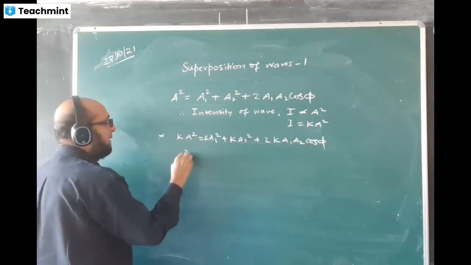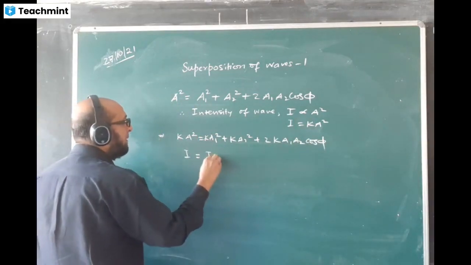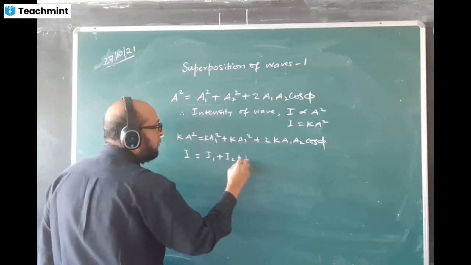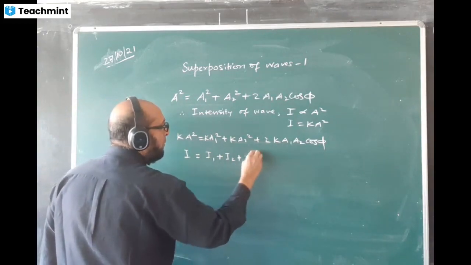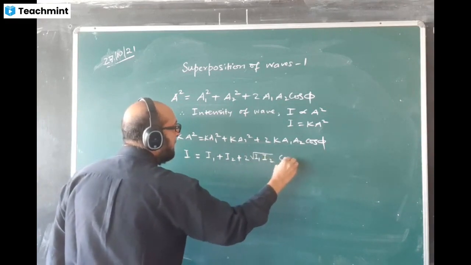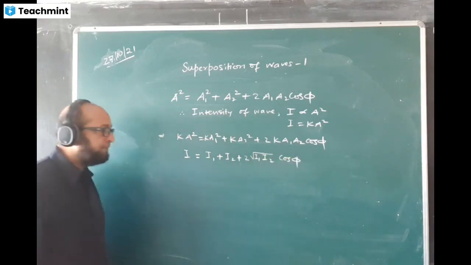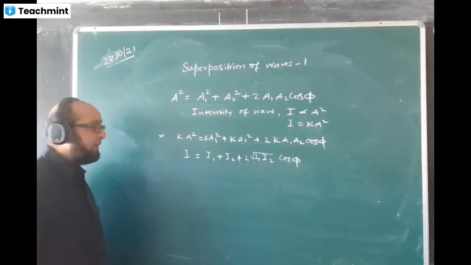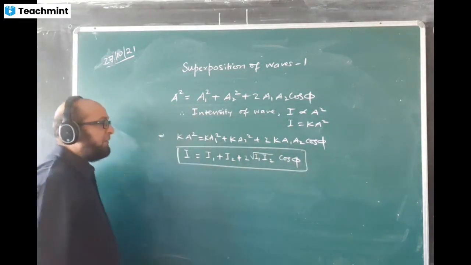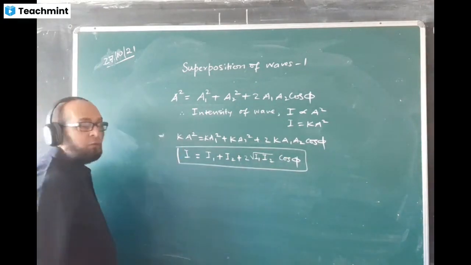This thing becomes I, this becomes I1, this becomes I2, and this becomes 2 root I1 root I2 cos phi. Therefore, the intensity value becomes this. This is the equation of intensity, and this is the value of intensity, and this is the formula of amplitude.